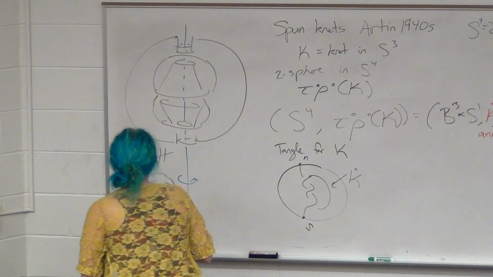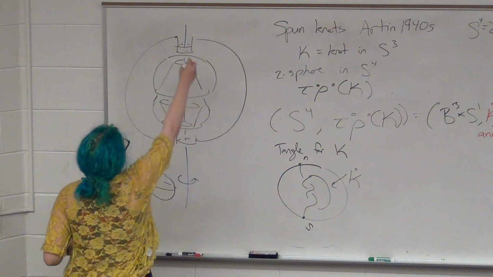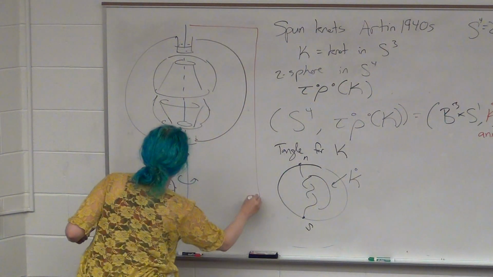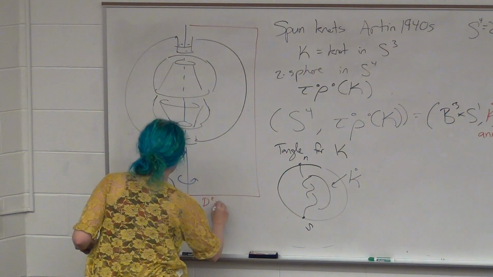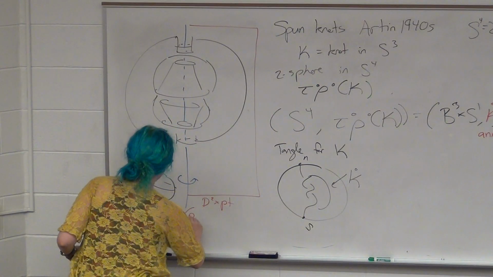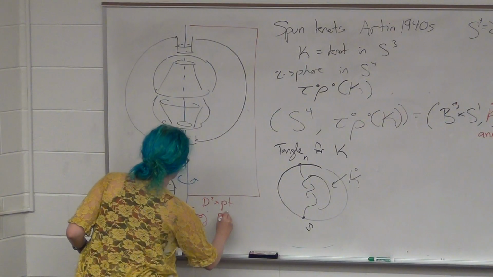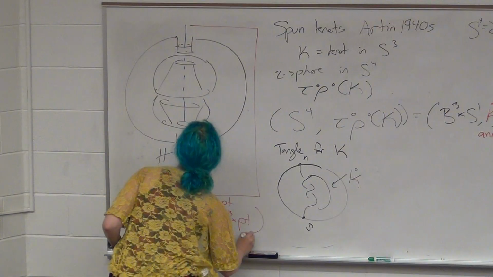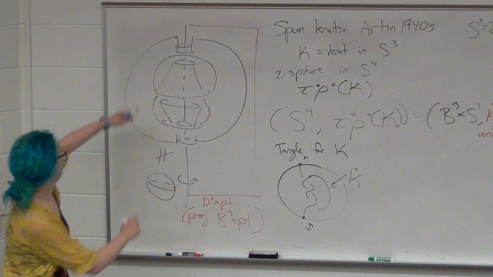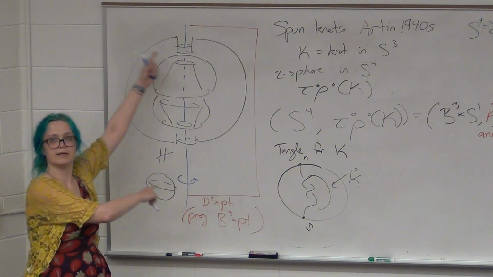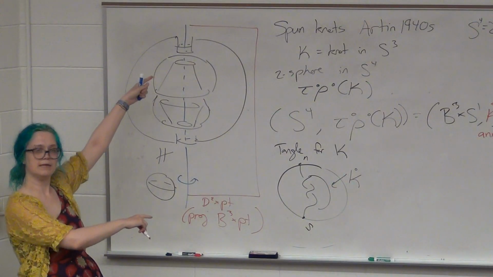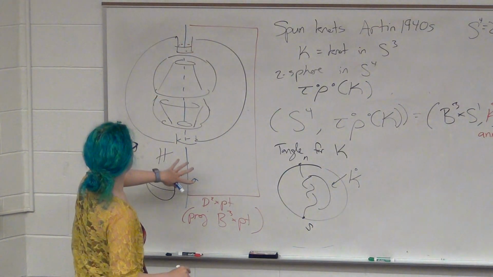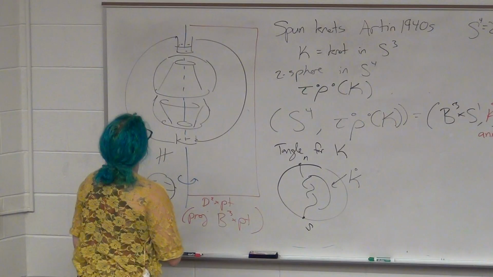Okay. Look at each one of the disks in this D2 cross S1. This is like D2 cross point, which is really the projection of B3 cross point. Well, clearly this two sphere is symmetric about rotation about this axis. And how does this disk that I've just drawn intersect the two sphere?